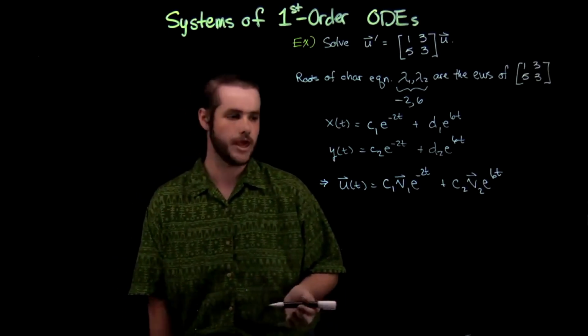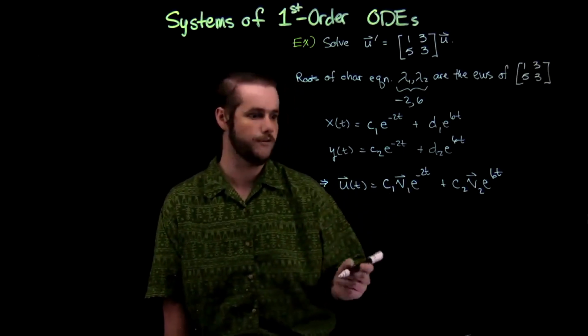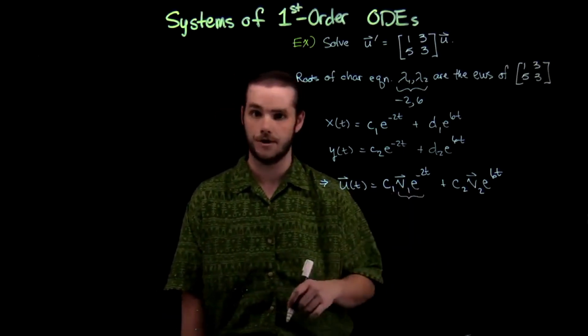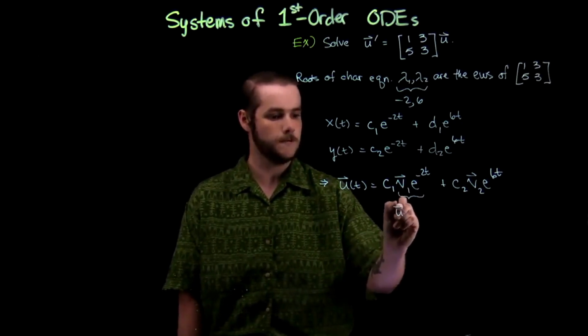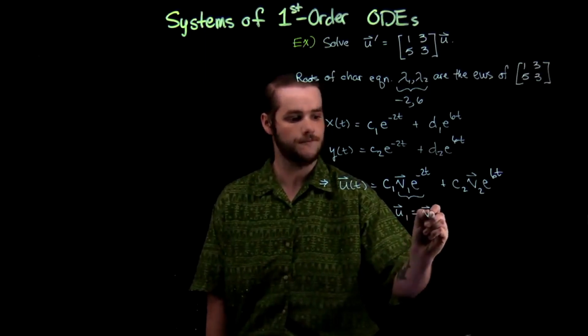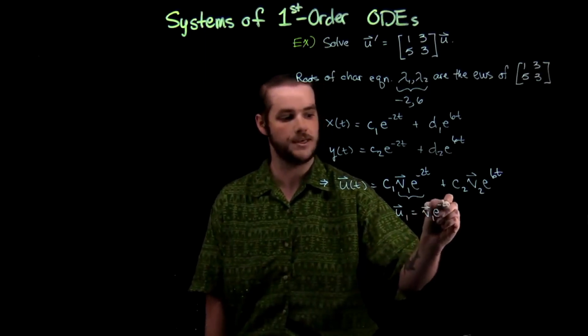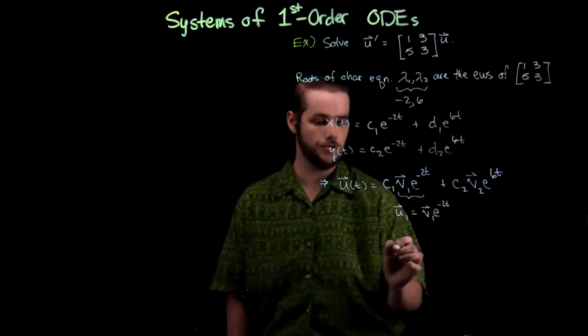But let's take a look at just one portion of this general solution, one fundamental solution, if you will. I'll call this vector u1, and that's equal to v1 e to the negative 2t, for example. Let's see what happens when I throw that into my differential equation.